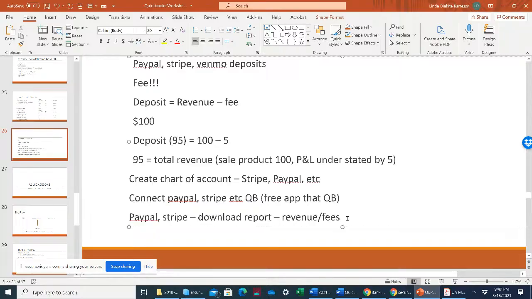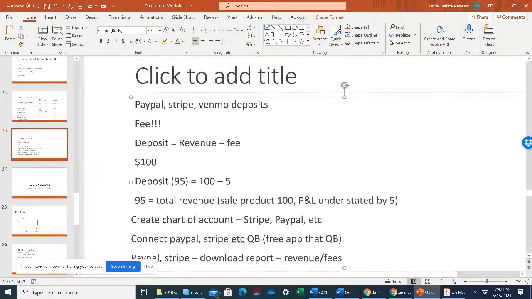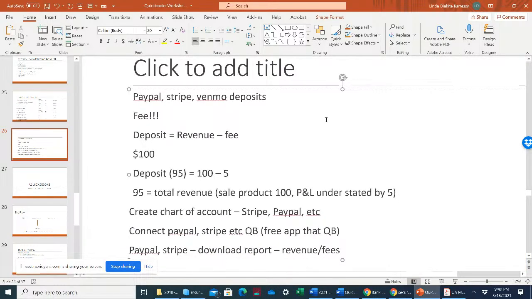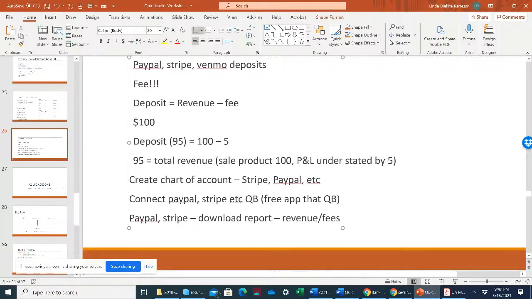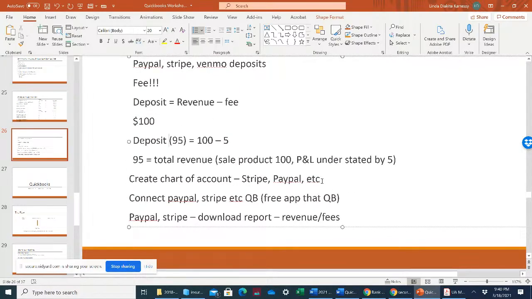But find a way that you're comfortable with so you can record these merchant fees and revenue correctly. Because as you can see, if you just put the deposit straight to revenue, your revenue is understated. So if you are analyzing your P&L, over the long run, you can say, well, I'm losing money, but really you're not. It's just that you're booking your entry incorrectly. So hopefully that makes sense. Let me know if you have any questions regarding that.